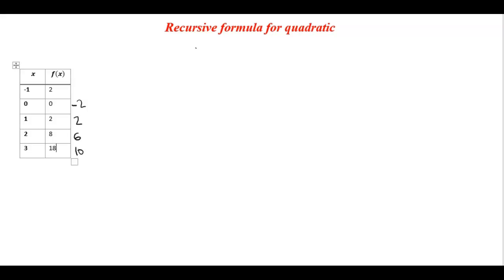So now let's find the second difference for this one. From negative 2 to 2 we add 4. From 2 to 6 we add 4, and from 6 to 10 we add 4. And again, keep in mind, this is our first difference and it is linear. It's not constant.